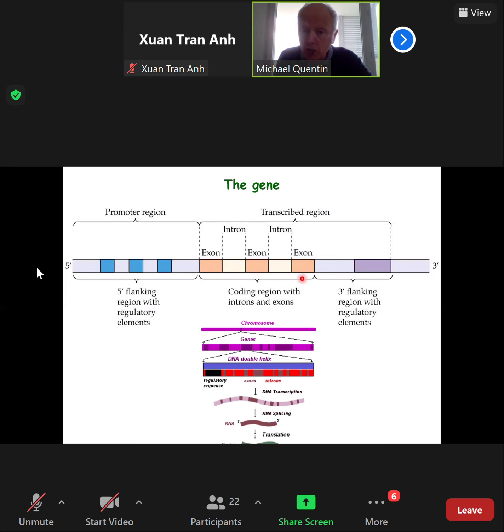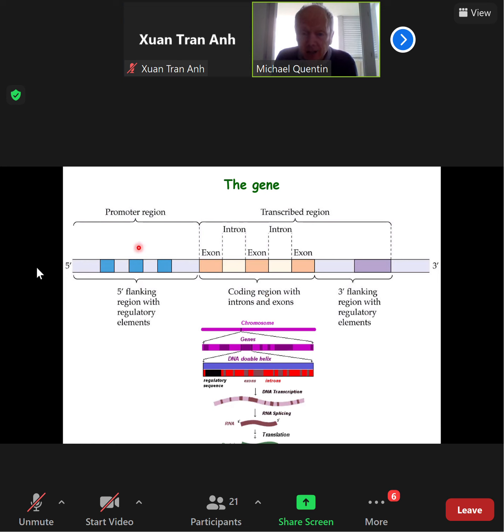In most genes, you have exons and introns, and there are some regulatory regions that may be transcribed. There are some regulatory regions that will not be transcribed. It's the 3' UTR and the 5' region, which is upstream of the gene. In this region, you will find the promoter, which is involved in regulating where the gene will be expressed.